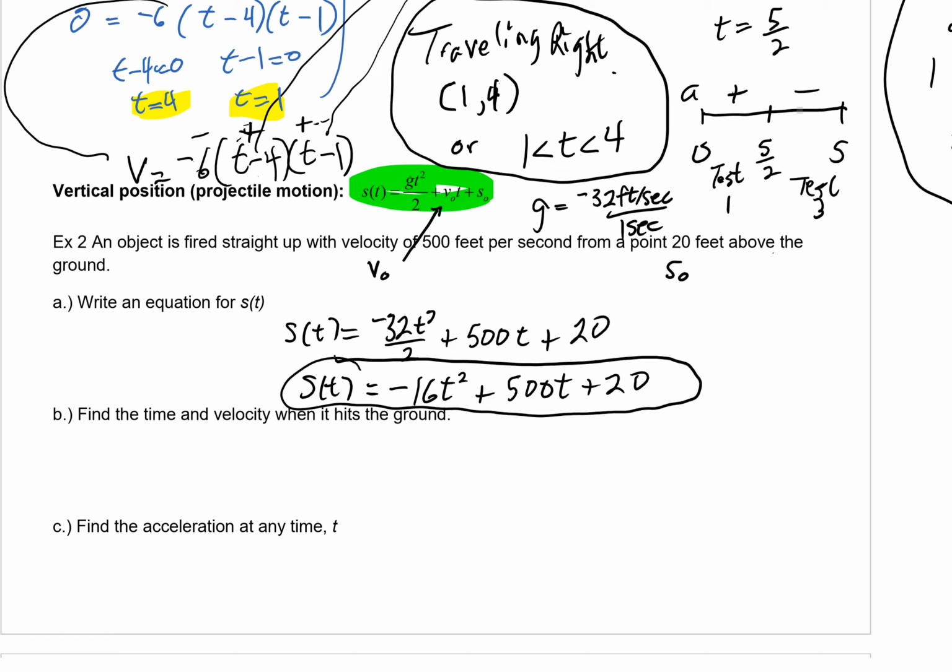They want us to find the time and the velocity when this object hits the ground. To find the time when that will occur, you're going to say, well, I want my position 0, s to equal 0 right here.